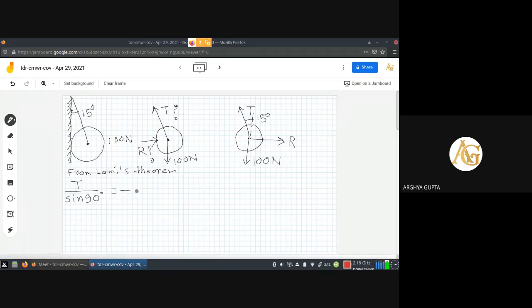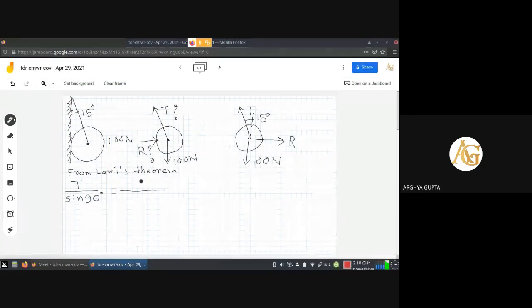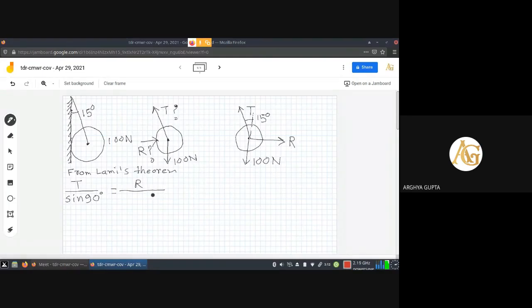Is equal to force R divided by sine of the angle between 100 Newton and T. The whole angle is 180 degree, so 180 minus 15, so the angle is 165.